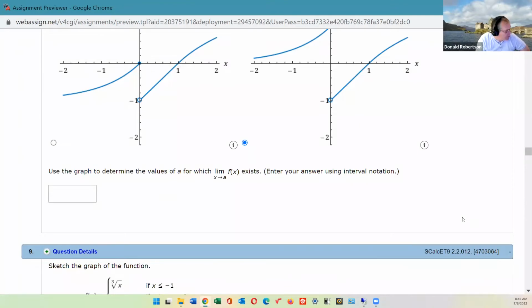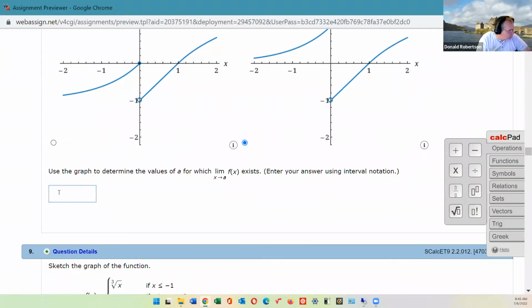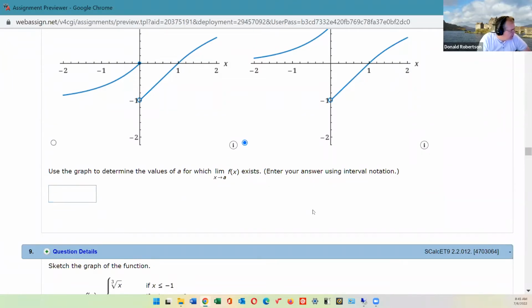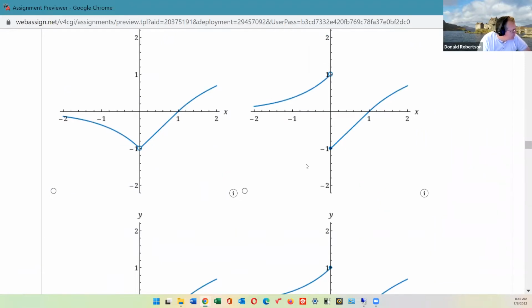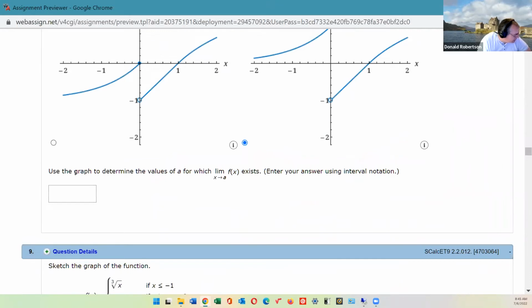Okay, now the next question is not left limit, right limit, or overall limit, which would be nice. It is for what values of this function. Let's get this right. Use the graph to determine the values of a for which this overall limit exists.